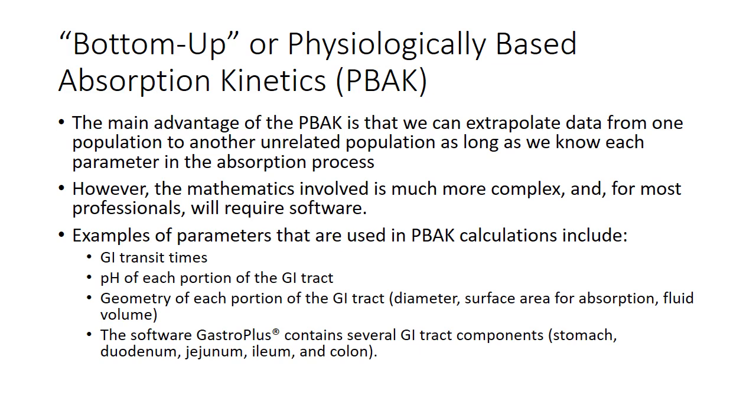In GastroPlus, you could change anything. You could change things like pH, the volume of fluid in the duodenum and the jejunum, the length or diameter of the duodenum, jejunum, and all that stuff, and then you could actually get a prediction about how the drug absorption would change. Again, not everyone is using this level of detail when they're predicting oral absorption kinetics.